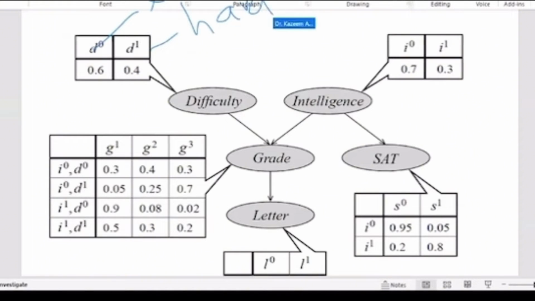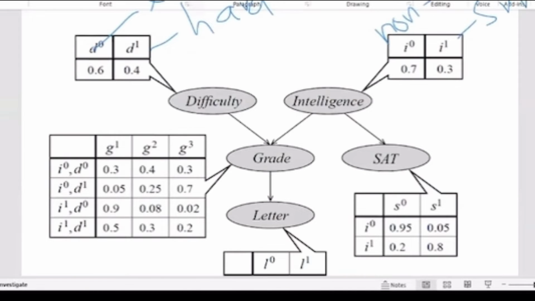Which means 60% of the time, that class is easy. That is the class of students requesting a letter of recommendation. Then I0, so non-smart, then smart. Please take notes.